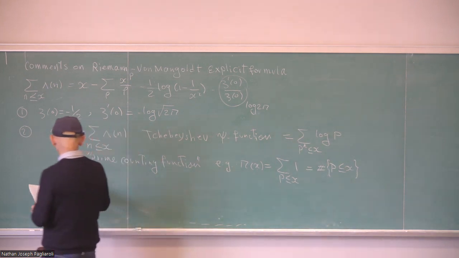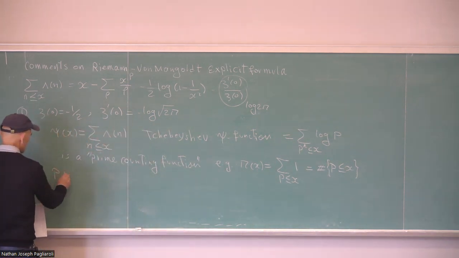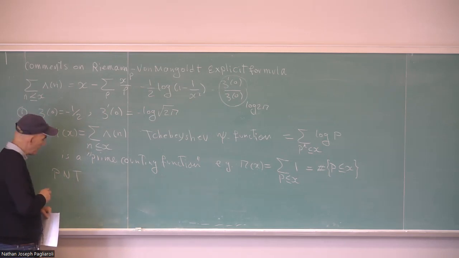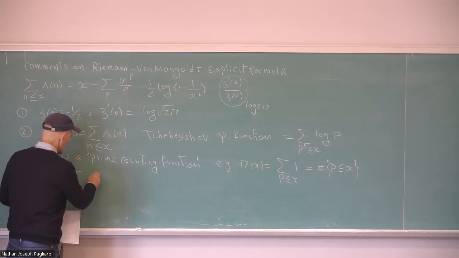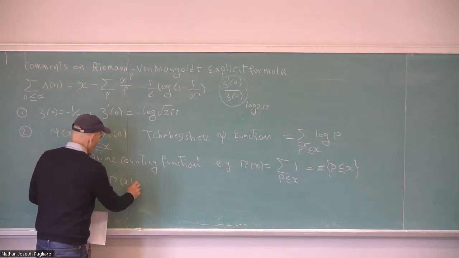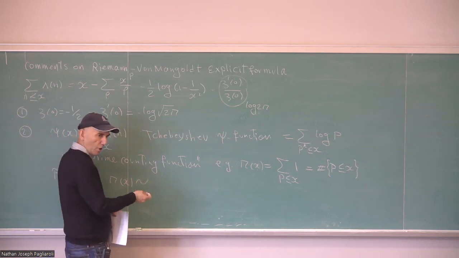Now the prime number theorem, of course, we will see a quick proof in Mac's presentation. The prime number theorem just says that pi of x is asymptotic to x over log x.